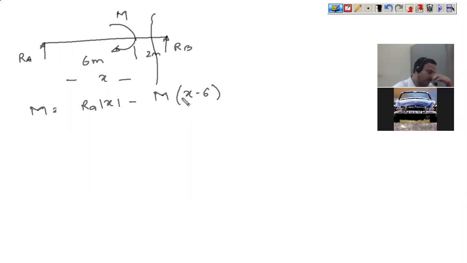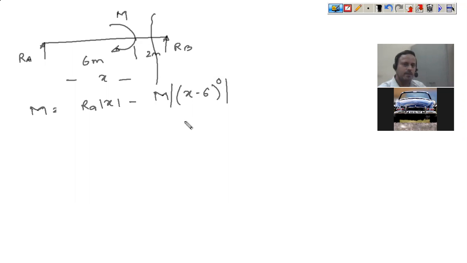But if you do not write x minus 6, how will you understand that until you reach x is equal to 6, this moment will not be taken into consideration? So you always need a distance parameter, because that distance parameter guides you whether you have reached that point or not. So what we do here is, we write it to the power 0.